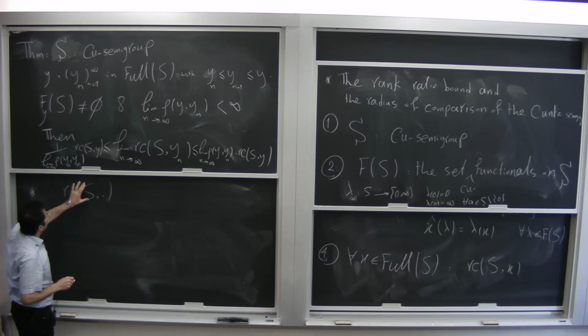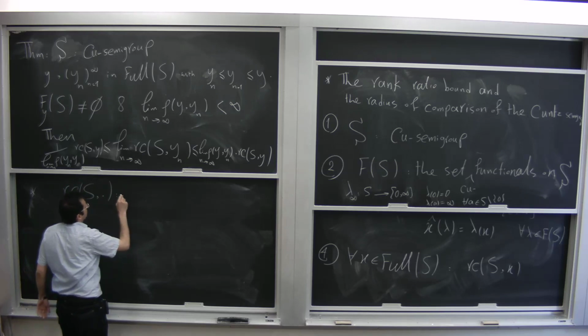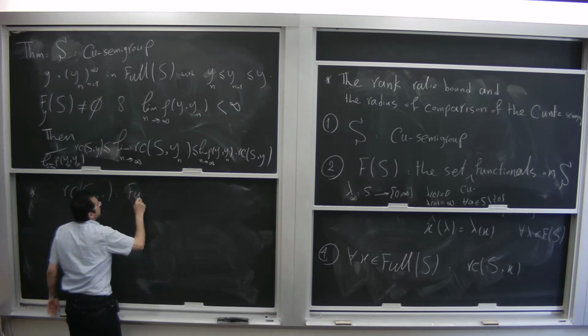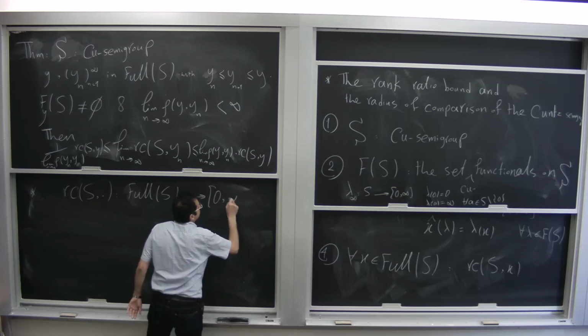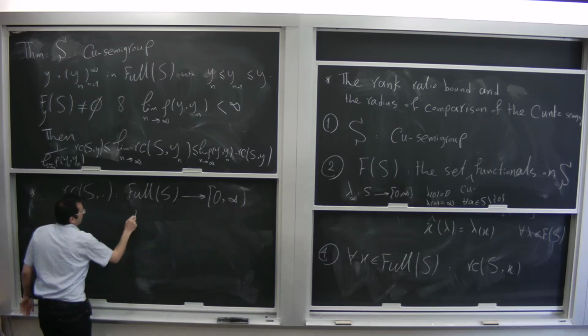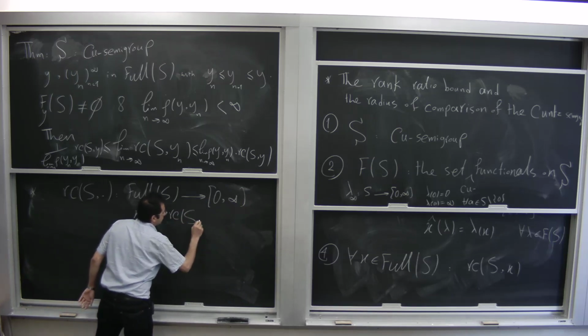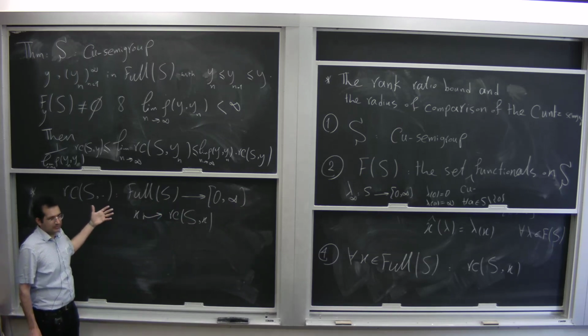We can define this radius of comparison function associated to any Cuntz semigroup, from full elements of S to 0 and infinity, simply by x maps to the radius of comparison of S and x. So now the question is, what is the range of this function?